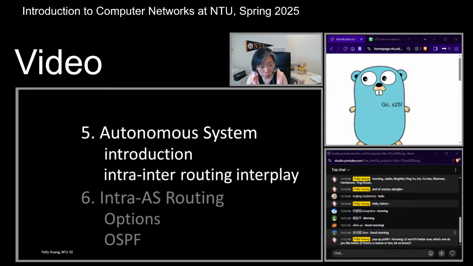Computation time n squared, the broadcast messages n squared, and what? Each router needs to maintain the network topology, so the entire topology of the internet, n squared. That is not going to be scalable. So there's no way you run a link state routing algorithm on the entire internet.